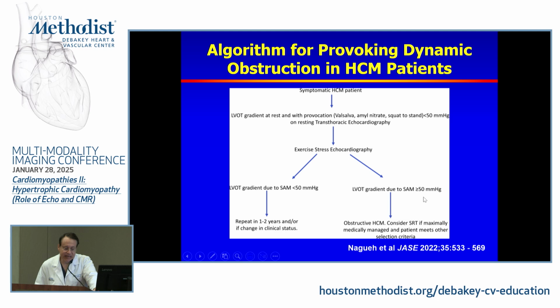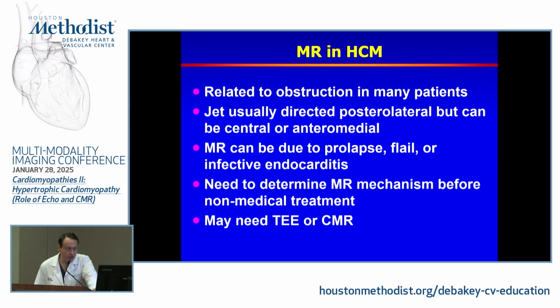If the gradient is at least 50, then they have what we call obstructive hypertrophic cardiomyopathy, and they are candidates for all treatments you offer patients with obstruction. If not, then you repeat the study in 1 to 2 years. Sometimes you see patients who do not have a significant obstruction 1 year, then their symptoms are worse, and you reassess them, and the obstruction indeed meets the target at which you would want to do intervention.